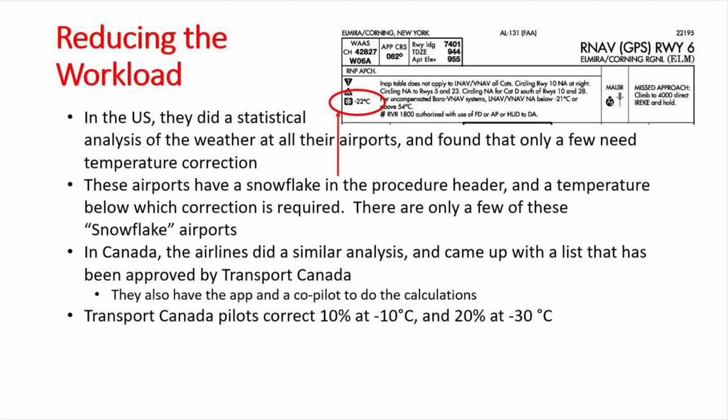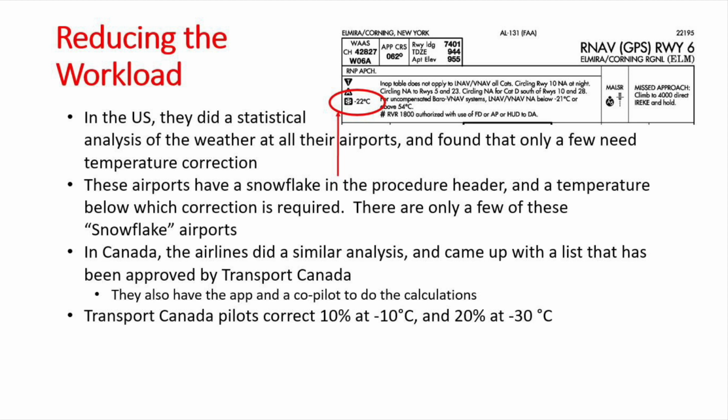They use a couple of round-numbered percentage corrections to the height difference between each minimum altitude and the height of the altimeter source. That gets rid of the table lookup, but still requires a lot of numbers to be noted down. For the rest of us, every airport in Canada is a snowflake airport, and the applicable temperature is 0 degrees centigrade, or minus 10 for some higher minimums.